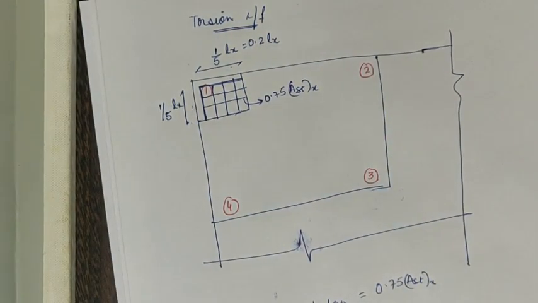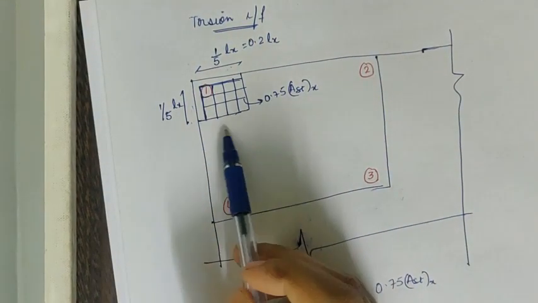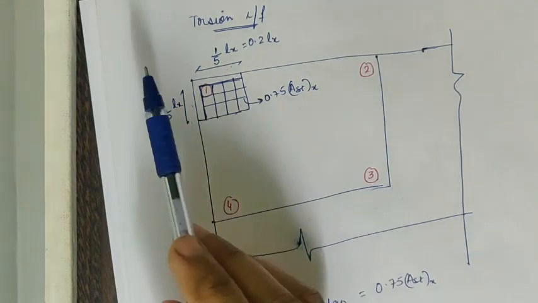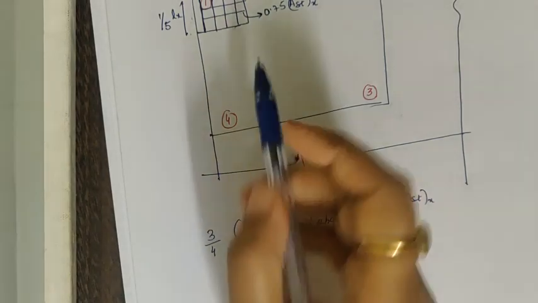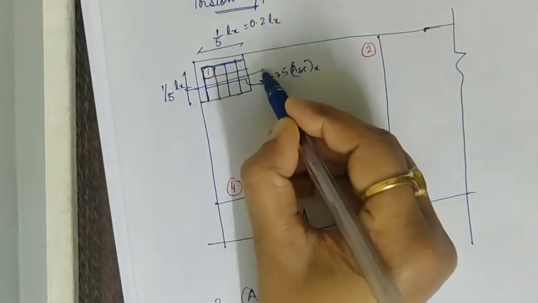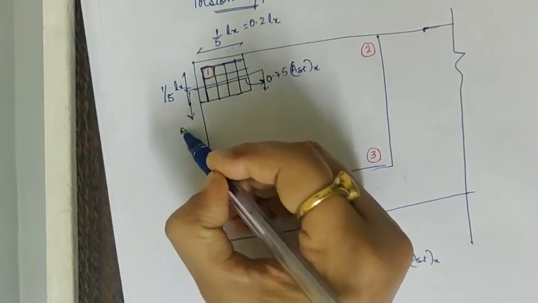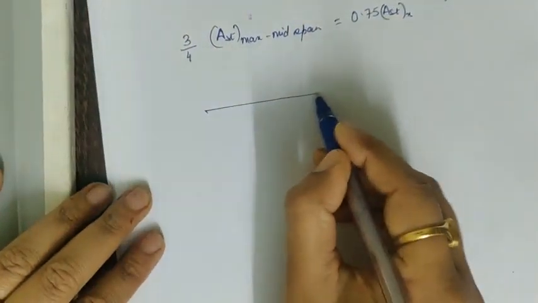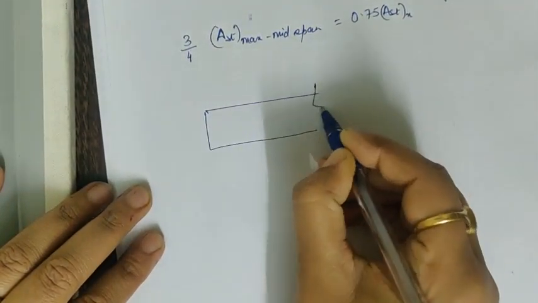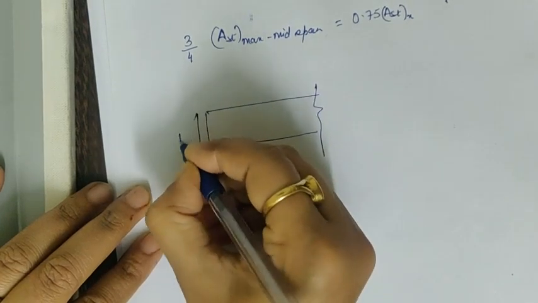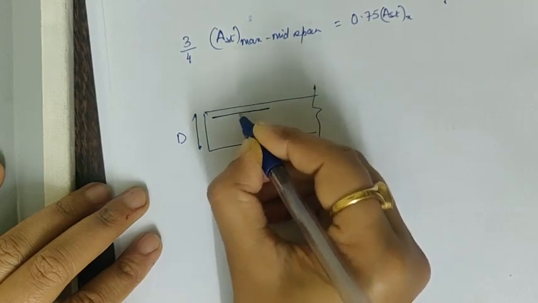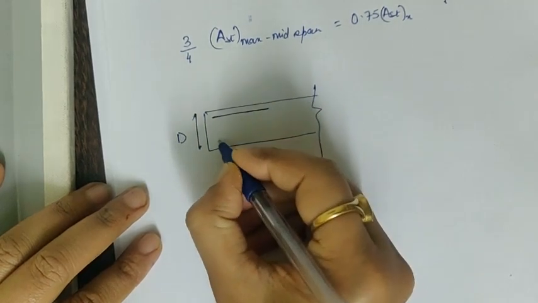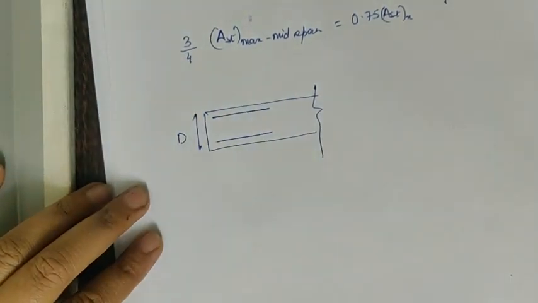Is it okay? Clear? And this reinforcement will be provided just like a mesh, one at the top of the slab, another mesh at the bottom of the slab. So if I am taking the cross section of this particular portion, what will the cross section look like? This is the depth of the slab. In this depth of the slab, at the top we will have these layers, then at the bottom we will have this layer.